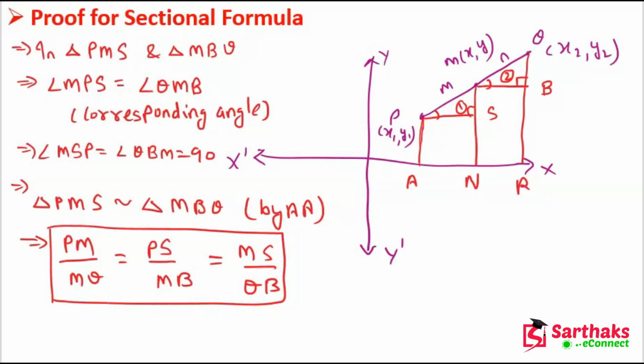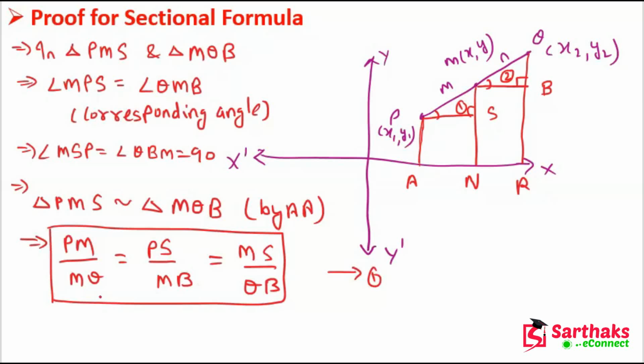First, we have to correct this: it is triangle MQB, because we have to focus on the order. Order is very important in similarity: PMS, MQB. Understand? So this is our equation number 1.